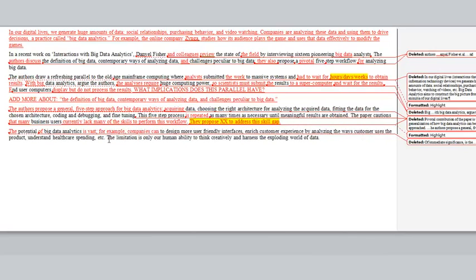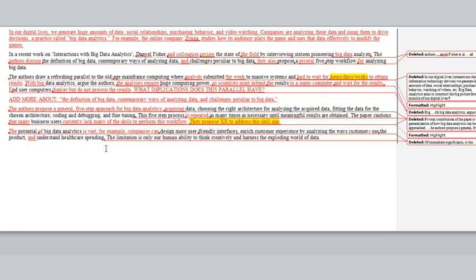Companies can, this is companies mostly, companies can design more user-friendly interfaces, we need a hyphen there, enrich customer experience by analyzing the ways customers use the product, and understand healthcare spending. And again, these are all examples, so we don't really need the etc. there. That's a little bit too informal.